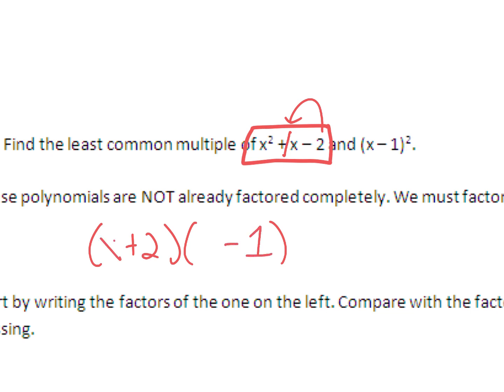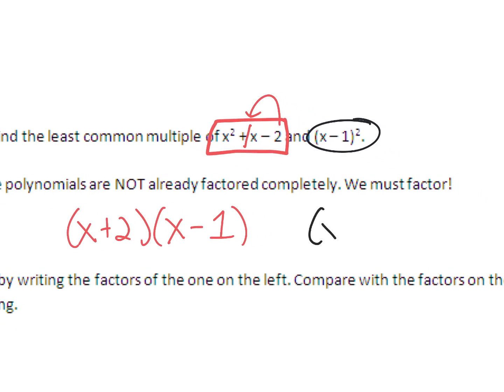And then things that multiply to give you x squared are just your x and your x. So if I FOILed that, I would have x squared minus 1x plus 2x, which is plus 1x, and then +2 times -1 is -2. So that's done. X minus 1 squared. That's x minus 1 times x minus 1.